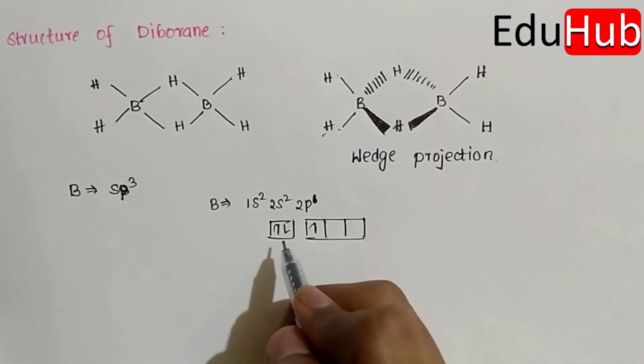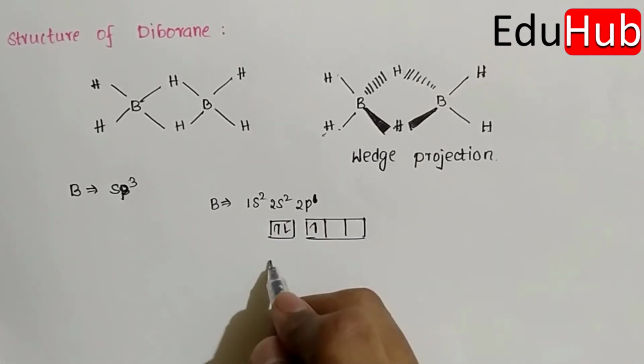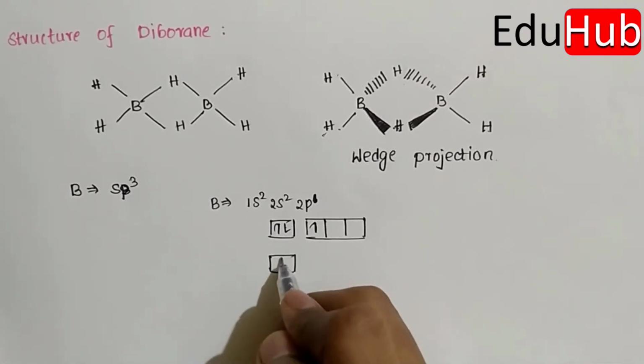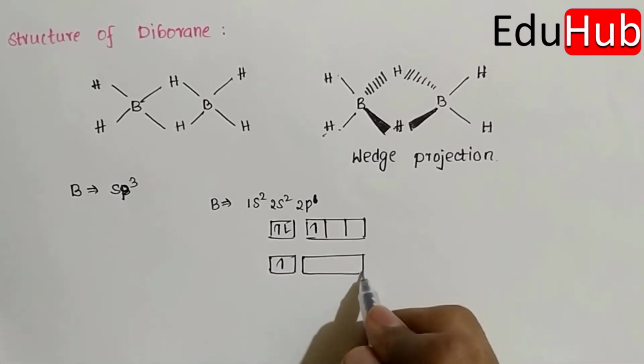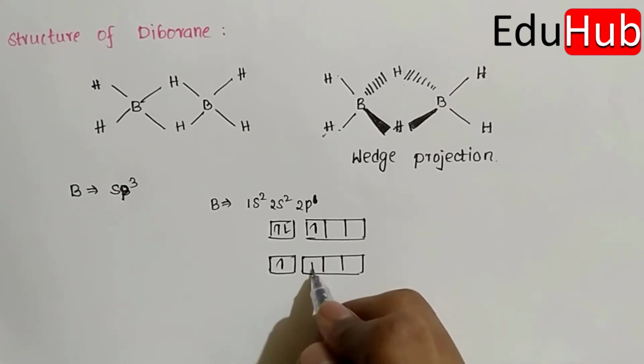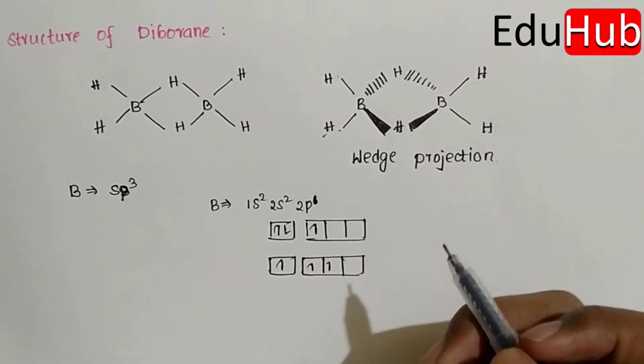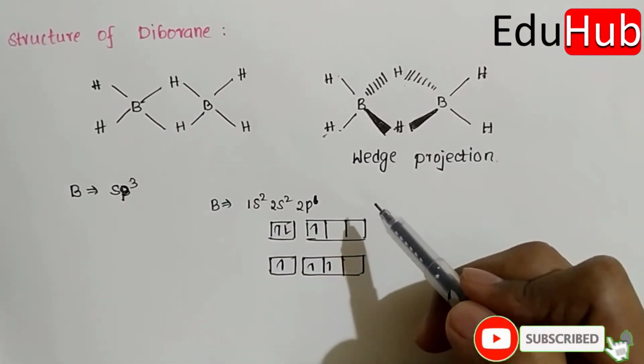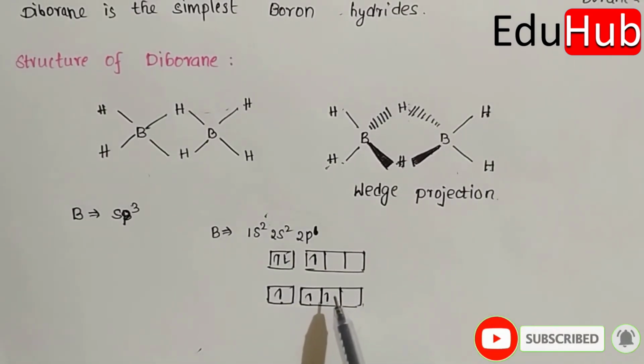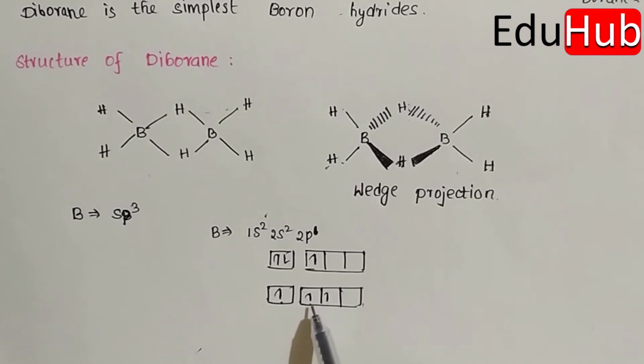this is like this and this will be excited and it forms 4 equal energy hybrid orbitals, and from these 4 hybrid orbitals, 3 orbitals have 1 electron each and 1 orbital is empty.